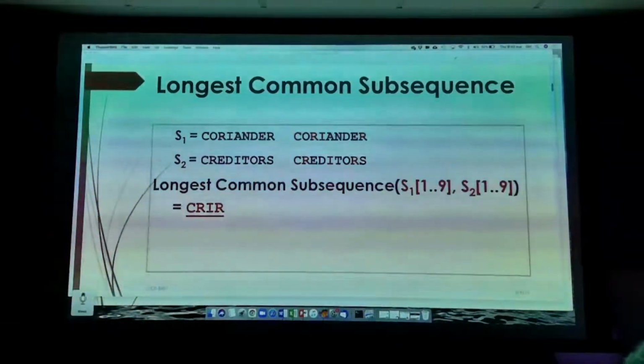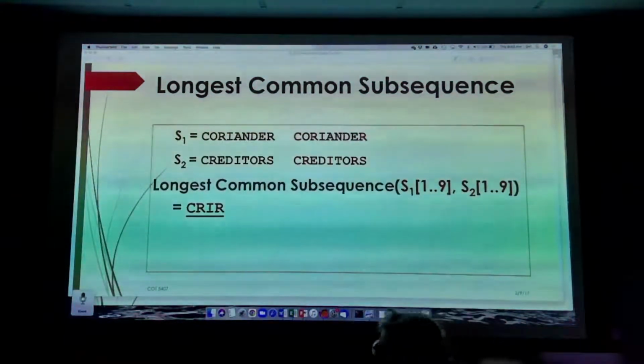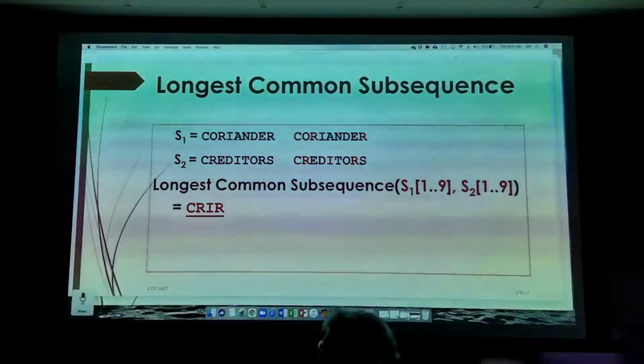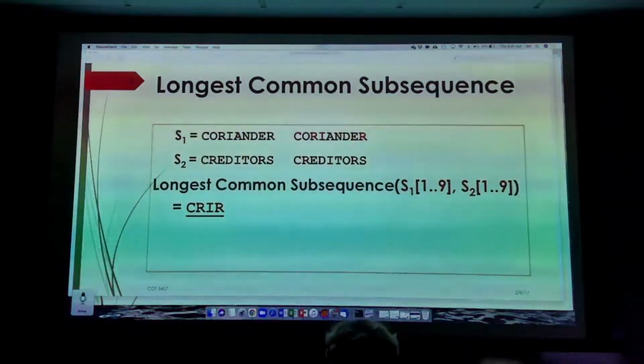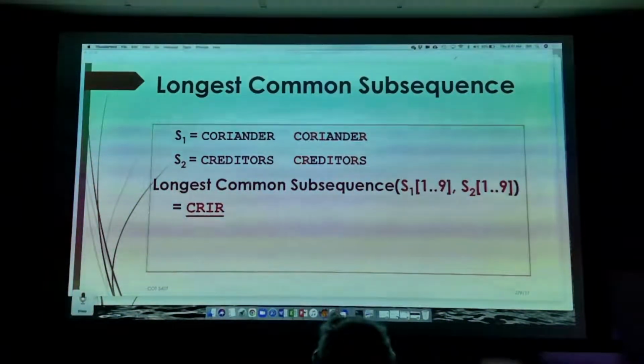This says I'm given two strings. In this case, the two strings are coriander and creditors, and my goal is to find the longest common subsequence between these two strings.